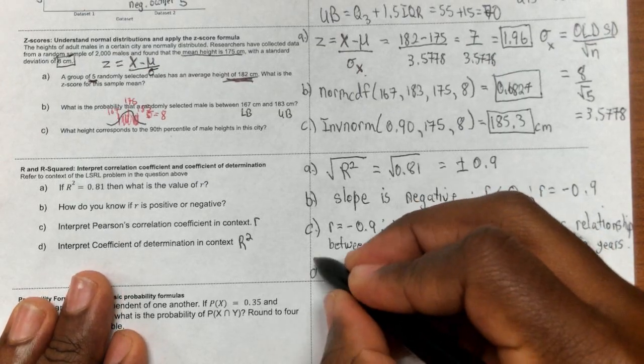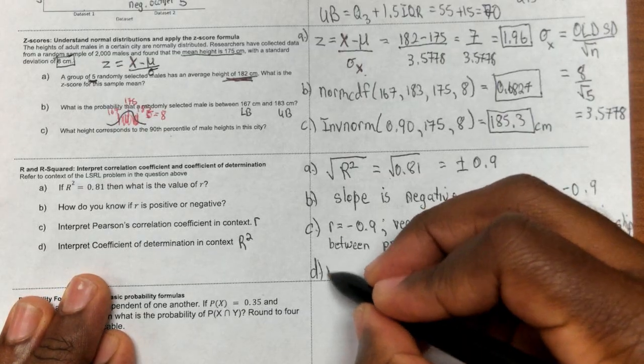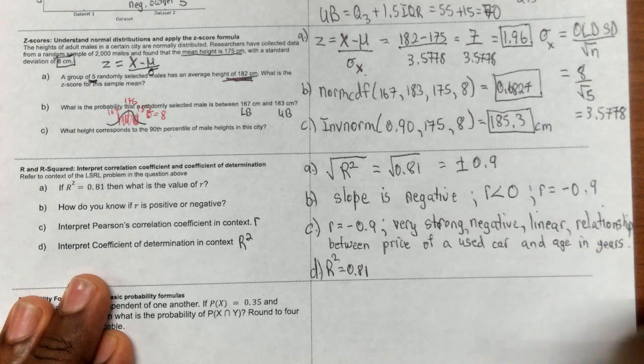So let's do part D. Part D says interpret the coefficient of determination, which is your r squared. Our r squared value was 0.81, which technically represents a percentage.